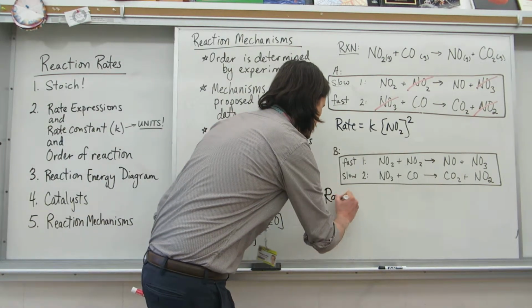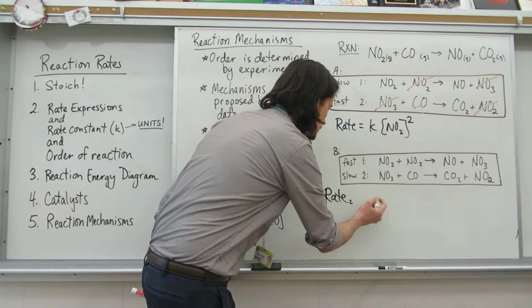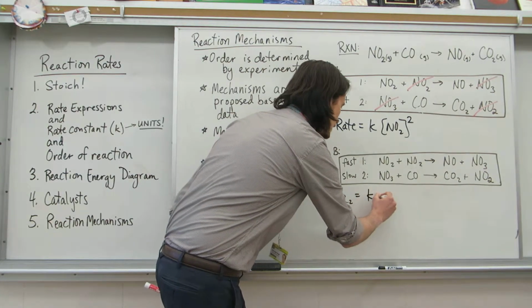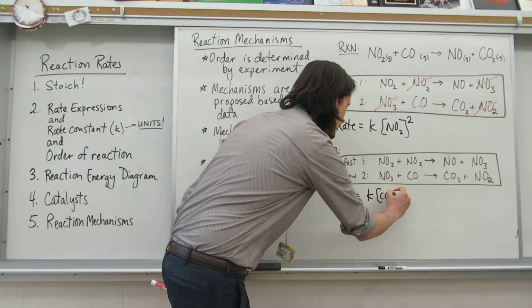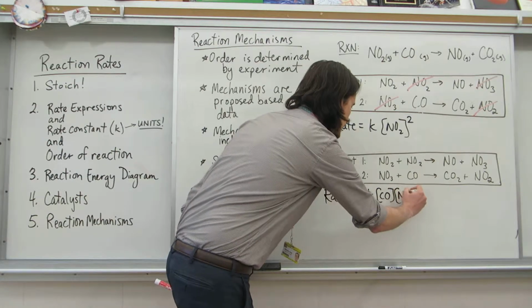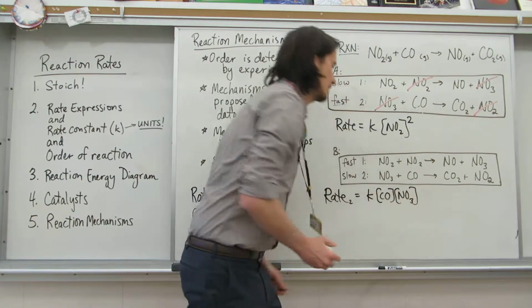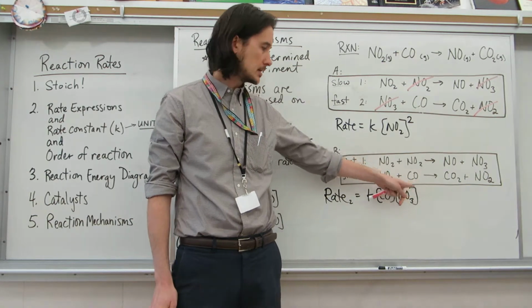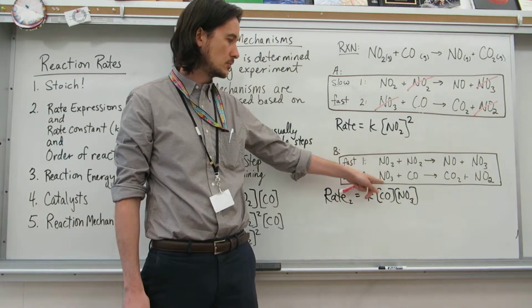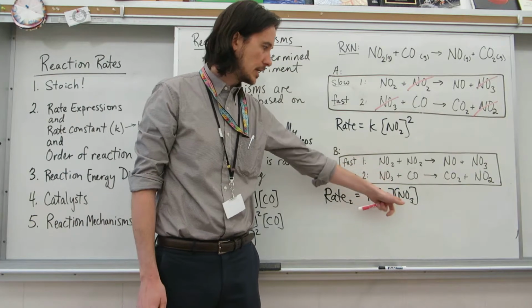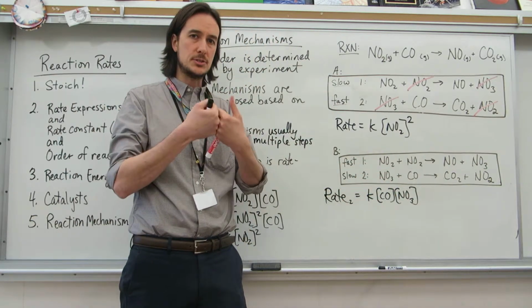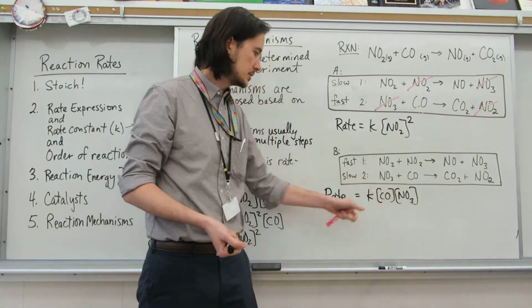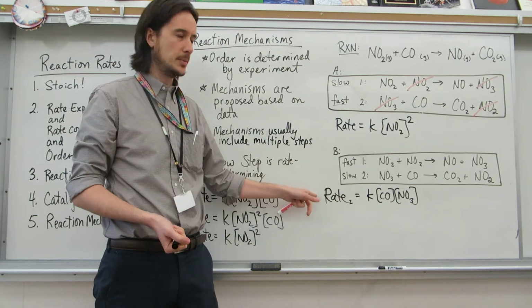That'd be like, oh, rate, I'll do sub 2. It would look like that, right? It depends on the concentration of carbon monoxide and the concentration of NO3. And the greater the concentration of each of these, the more collisions take place. The more collisions take place, the higher the rate would be.